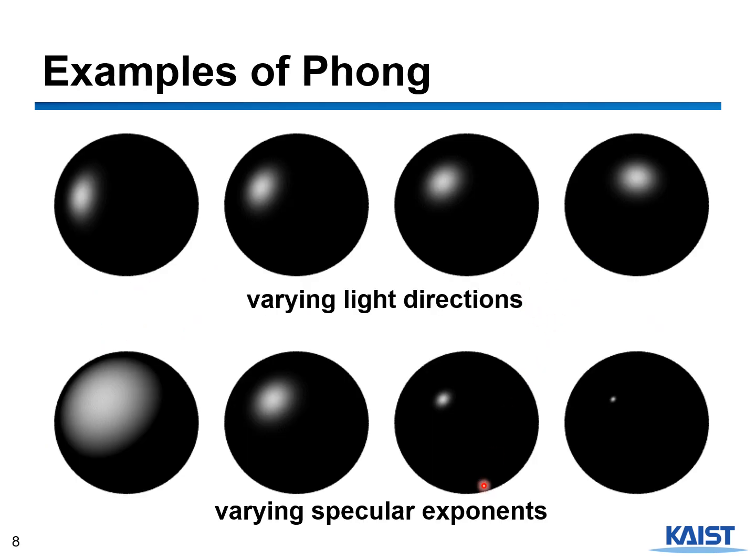In this example, we vary the light direction. As we change the light direction L, you can see that the region where we have the highlight changes. Also, as we change the specular exponent, you can see that with a very low ns value, the highlight spreads out.